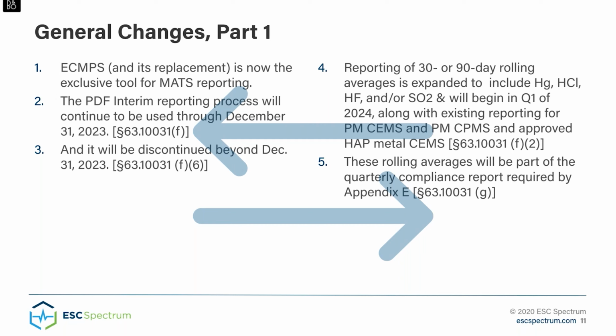And as I said before, the reporting of 30-day or 90-day rolling averages is expanded to include not only mercury and HCl and HF, but to include SO2, and will begin the first quarter of 2024. And again, like I said before, these rolling averages will be part of the quarterly compliance report required by Appendix E.